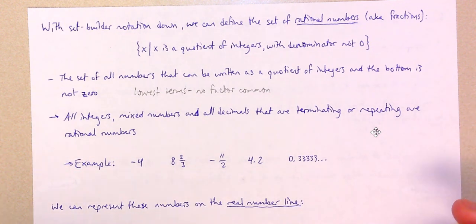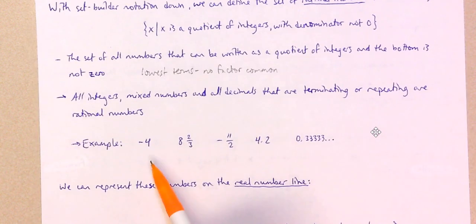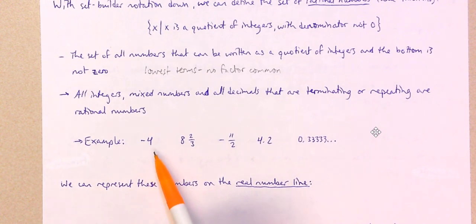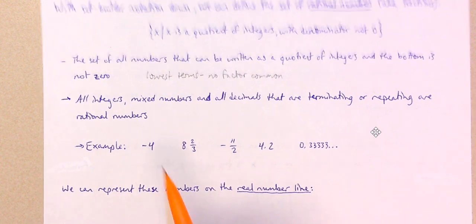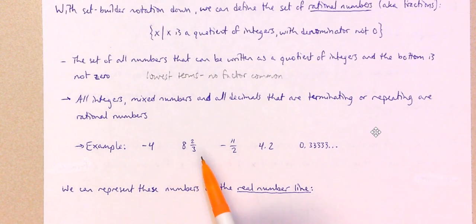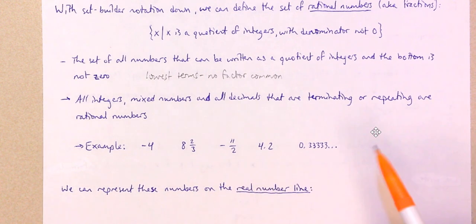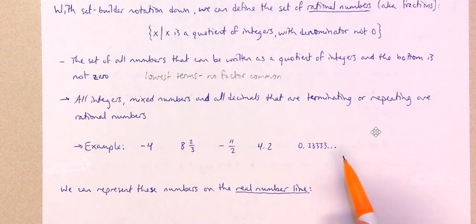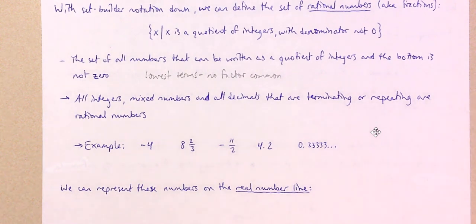These are all examples of rational numbers. And I have more examples down here. -4, that's rational. 8 2/3, that's rational. -11/2, 4.2, there's a finite decimal, and then 0.33333333333. That pattern of 3s that's constantly repeating indicates that this is a rational number.